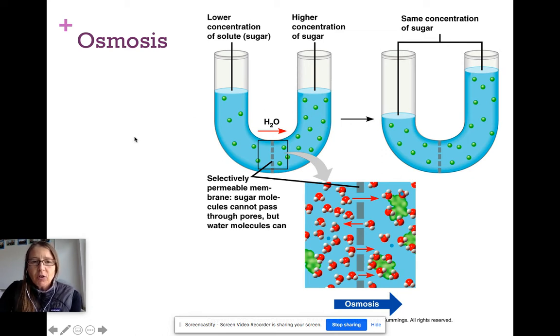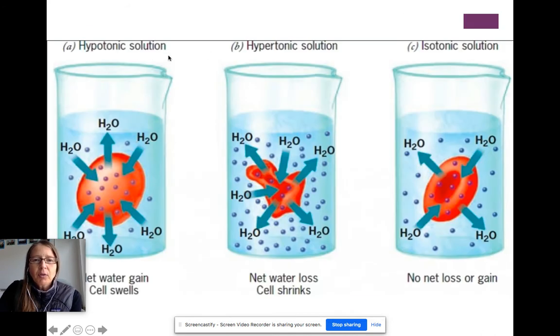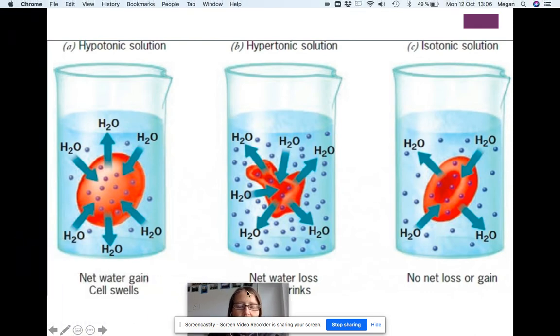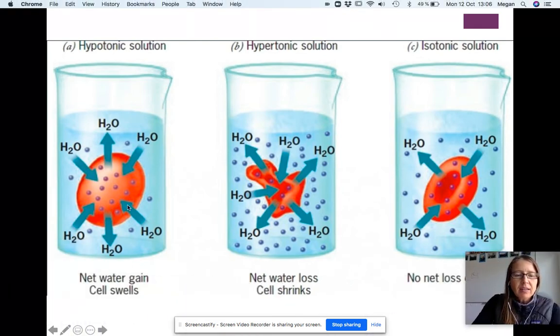And there are special terms that we use to talk about that: hypotonic, hypertonic, and isotonic. If you put a cell into a solution that has a lower concentration of solute than what's inside the cell, then outside has a low concentration and inside the cell has a high concentration.